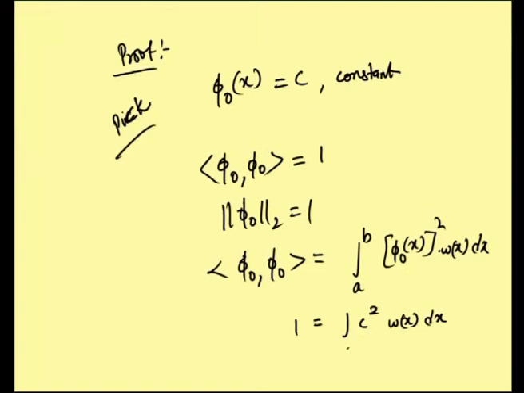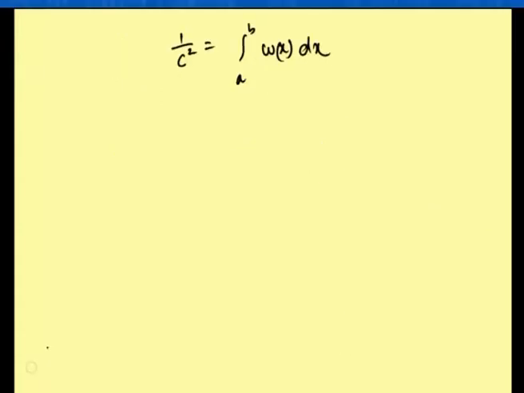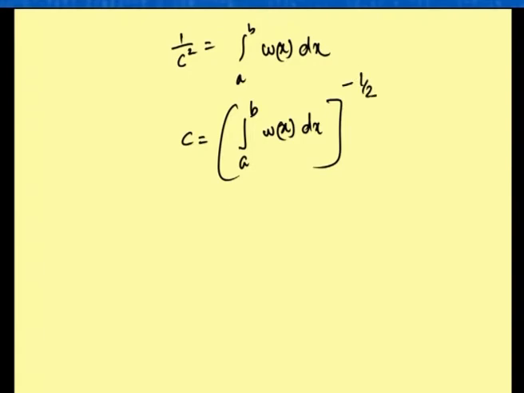Therefore, integral a to b c square w of x dx, and c square is a constant, comes outside and goes to the other side, 1 by c square integral a to b w of x dx. Therefore, c is equal to integral a to b w of x dx whole power minus 1 by 2. Okay.